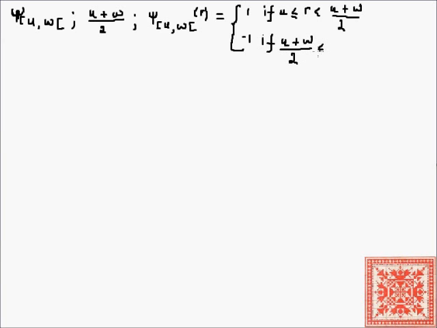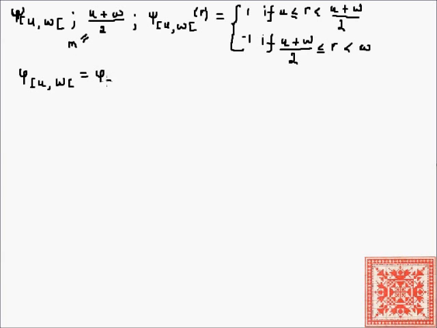So if r is greater than or equal to (u + w)/2 and less than w, then the value of psi from u included to w excluded of r is minus 1. Let's name this midpoint m.